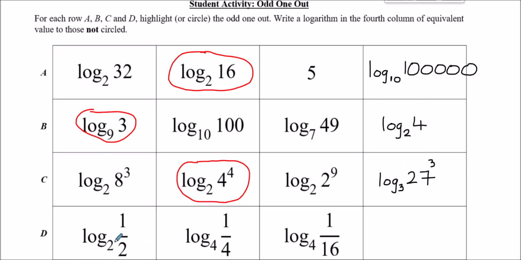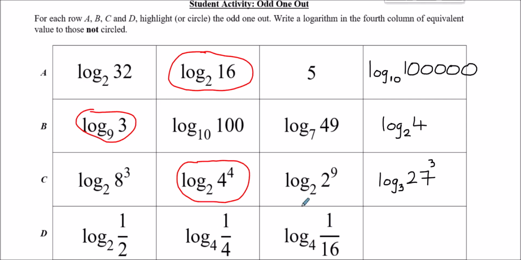Finally, row D, log base 2 of a half, that's 2 to the power minus 1. So this one is equal to minus 1. Log base 4 of a quarter, that again is 4 to the power minus 1, because it's a reciprocal of 4. Here though, log base 4 of 1 over 16, that's 4 to the power minus 2, that's 1 over 4 squared.